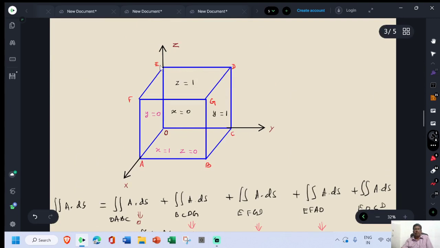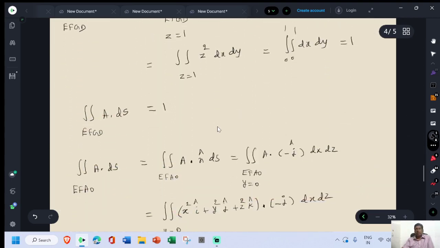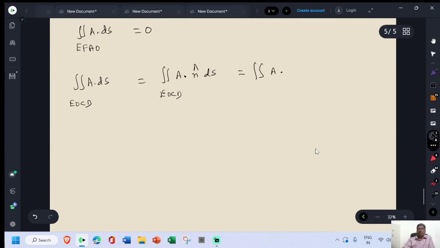In this face, the value of x equals 0. Therefore, the unit vector n cap is minus i, opposite to this. Then dS is dy dz because x equals 0.